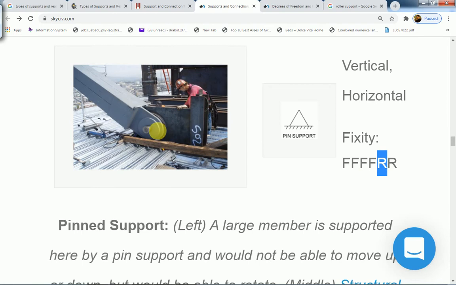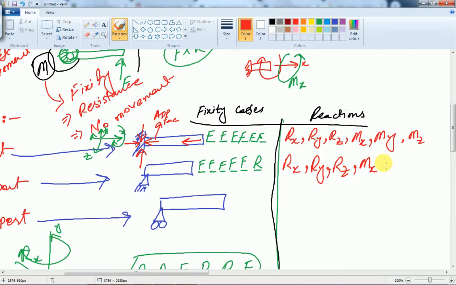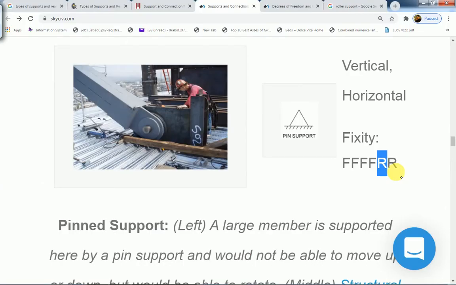Does this pin allow motion about y-axis? No, so there will be a resistance, and the moment about y-axis will also be generated. Now in the direction of pin there is the z-axis.